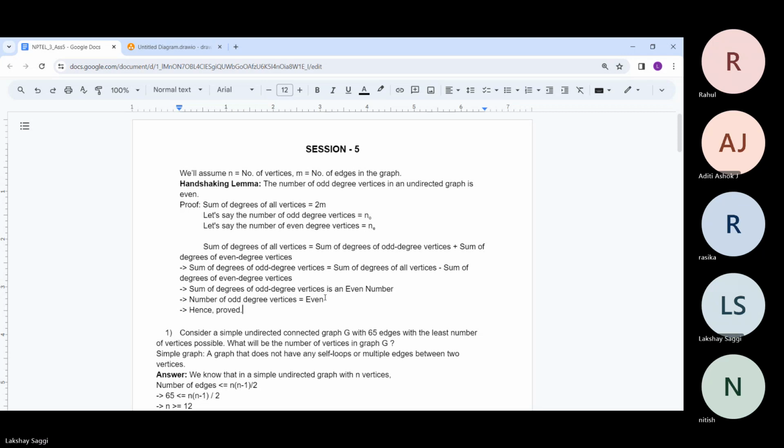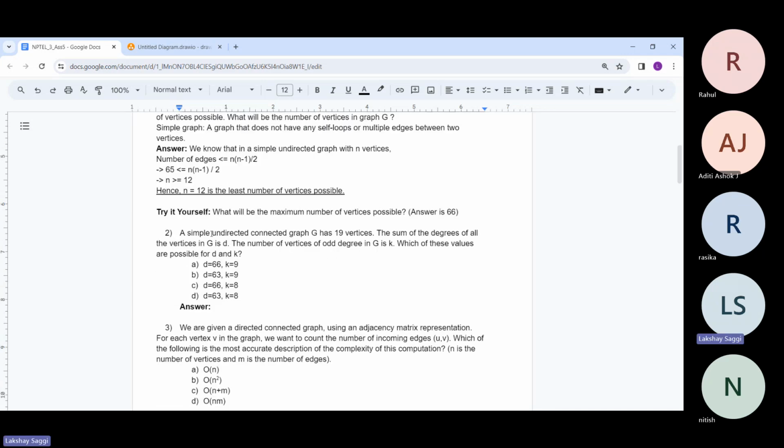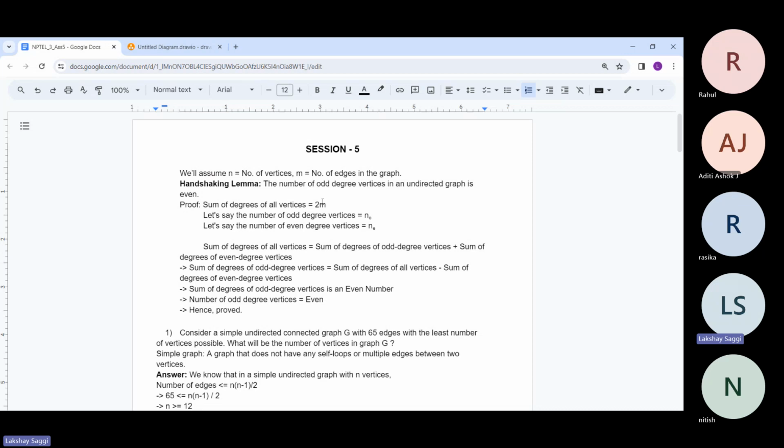We'll be using this handshaking lemma to answer the second question. The second question says that the sum of degrees of all vertices in G is D. We know that the sum of degrees of all vertices should always be an even number, because it is nothing but 2 times m.